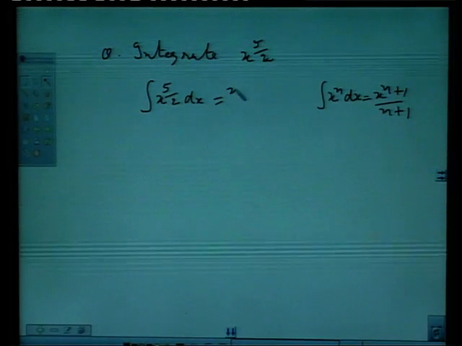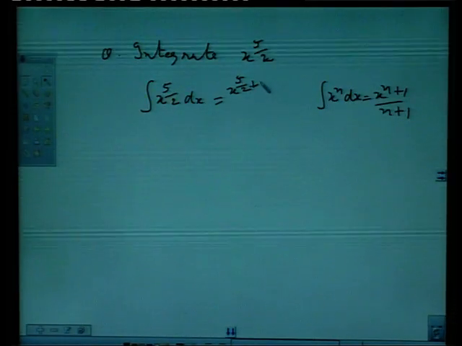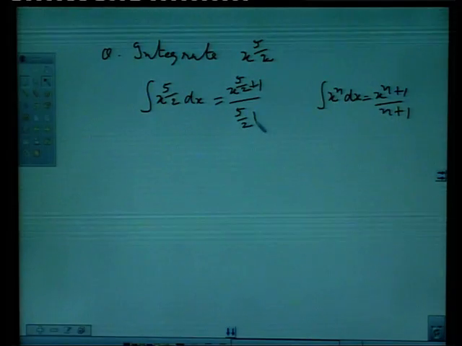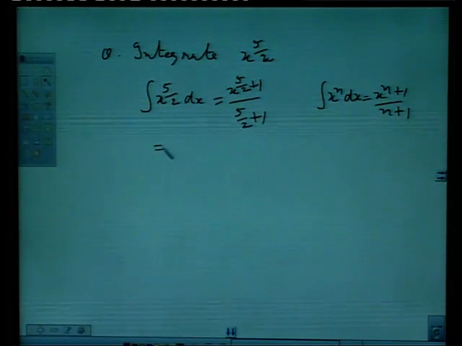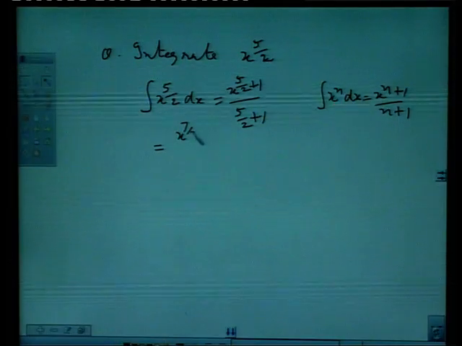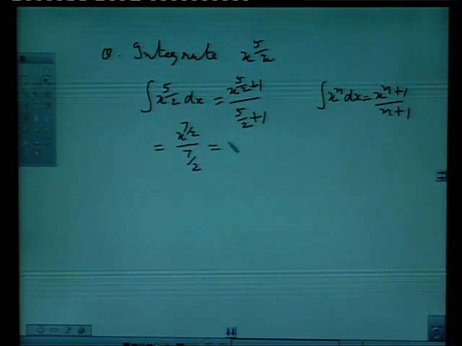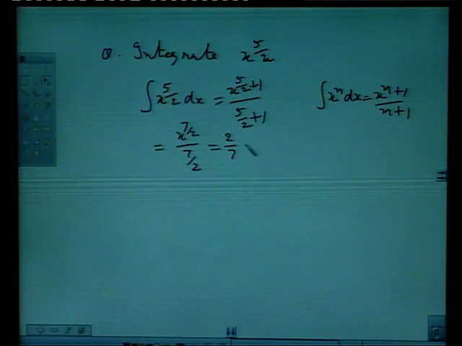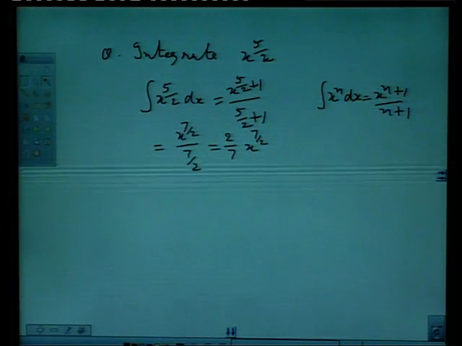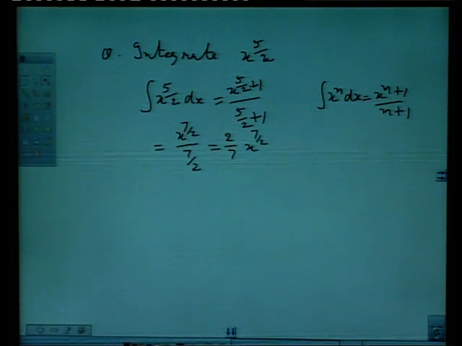So, I will increase the power and divide it by the new power, so it becomes x raised to power 7 upon 2, divided by 7 upon 2, it becomes 2 upon 7 x raised to power 7 upon 2 plus constant of integration, but we omit the constant of integration as it is repeating again and again for every function.